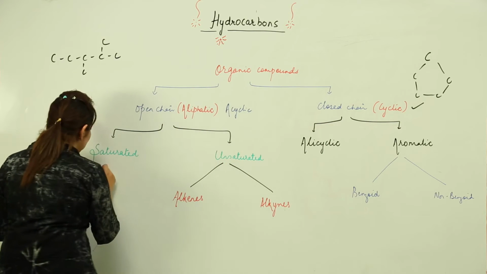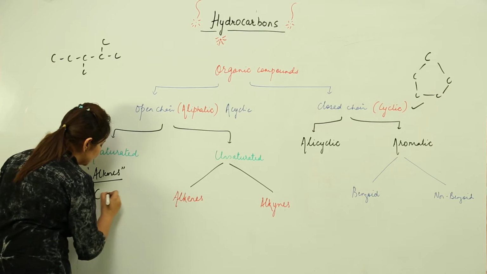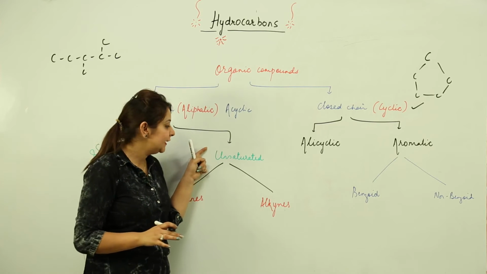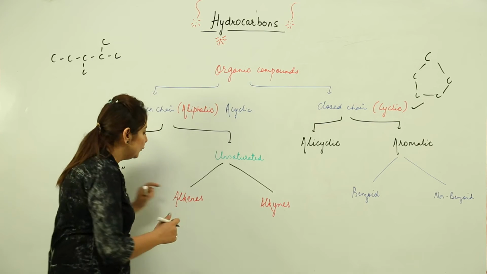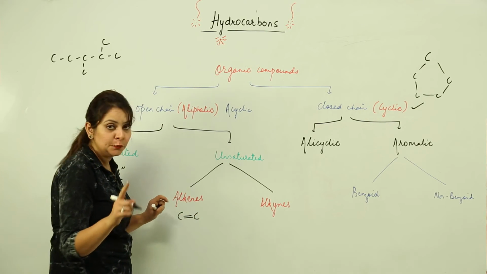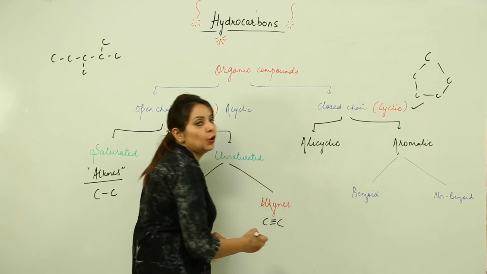Saturated ones are called alkanes, in which only single bonding is present throughout the chain. Unsaturated ones are divided into two categories, alkenes and alkynes, where in alkenes at least one double bond is present in the chain, and in alkynes at least one triple bond is present.